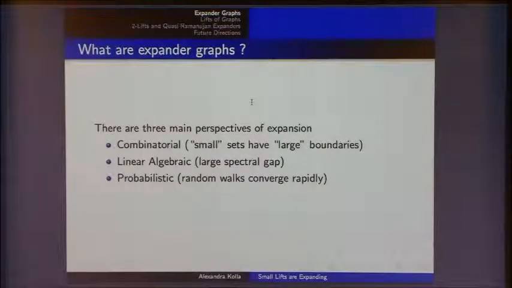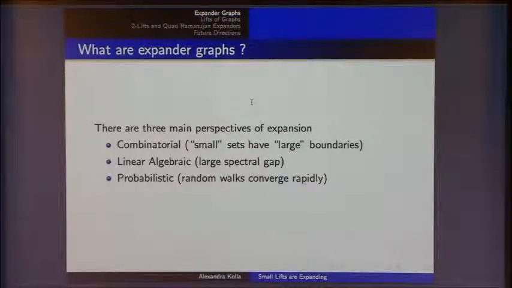There are three standard ways in the literature to see what expanders are. There's a combinatorial definition of expansion where we look at cuts or sets and see how much they expand, what are the edges that go out of this set. The other is the linear algebraic point of view where we look at the eigenvalues of these graphs.